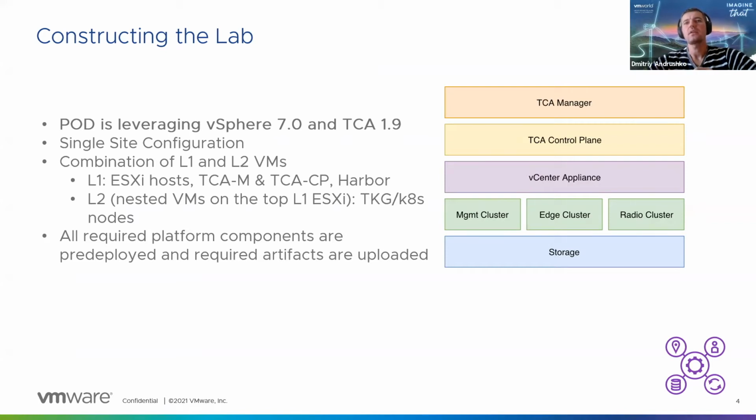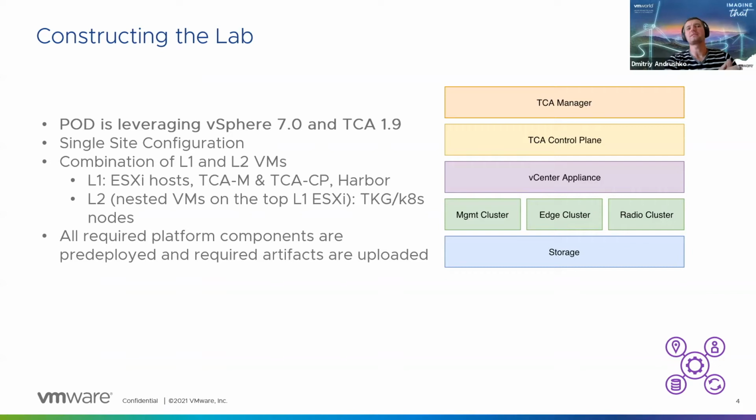During this lab, you'll learn how to utilize the CaaS capabilities of Telco Cloud Automation, and the Kubernetes worker and master node virtual machines will be deployed in the form of nested VMs. As a result, we'll have several layers of nesting.